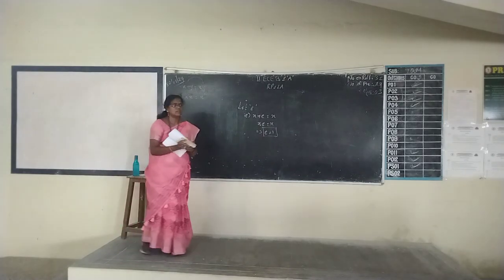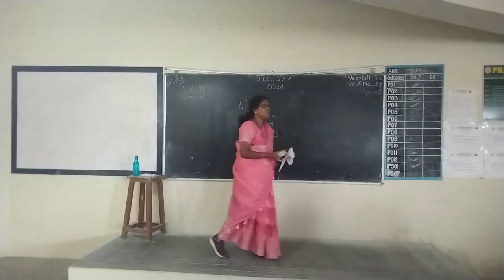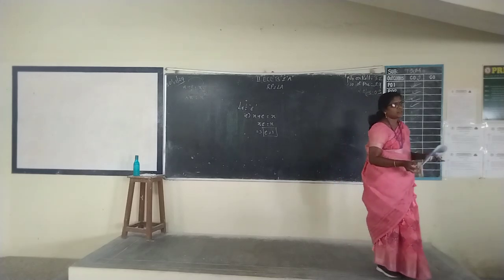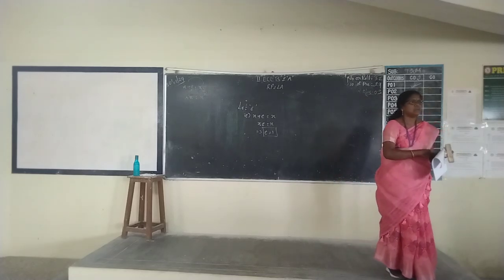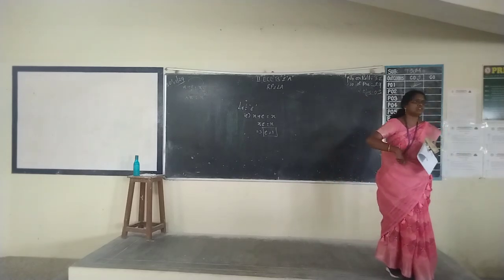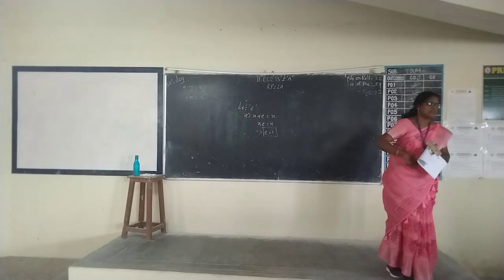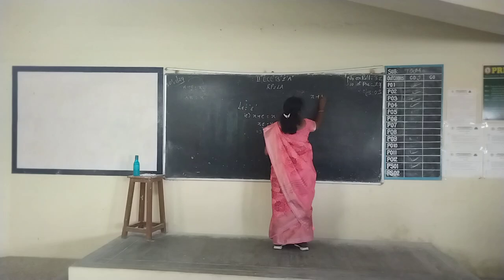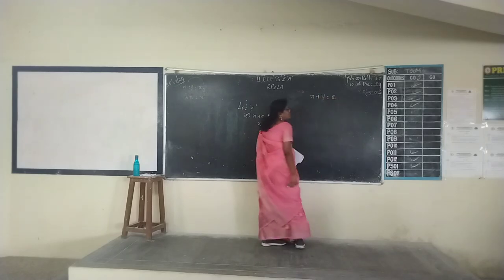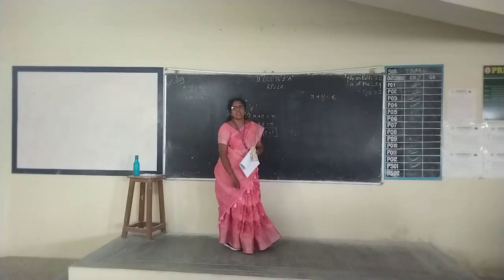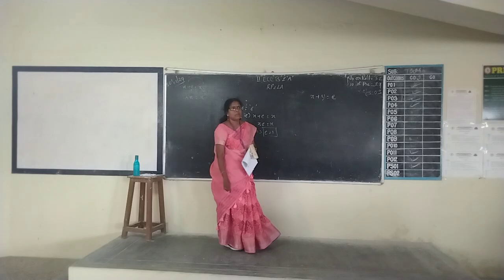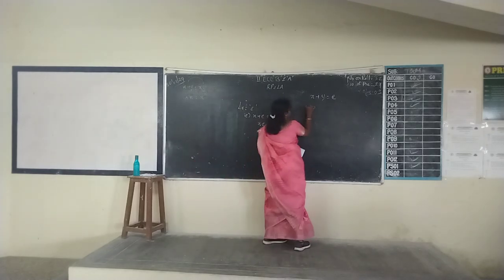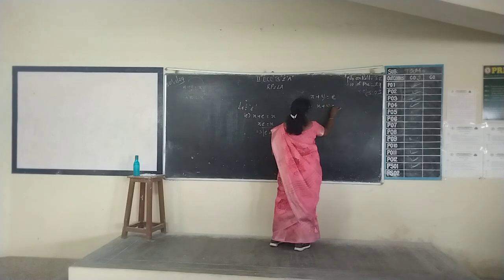Let y be the inverse of x. Then x plus y should be equal to e, because y is called the inverse. But what is e for our problem? 1. So that implies x plus y should be equal to 1.